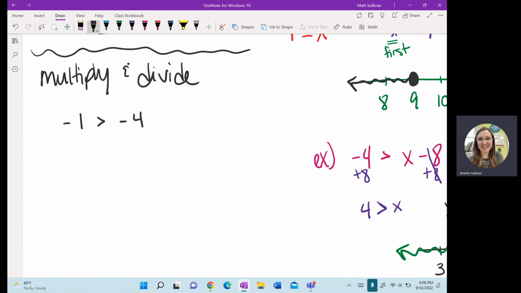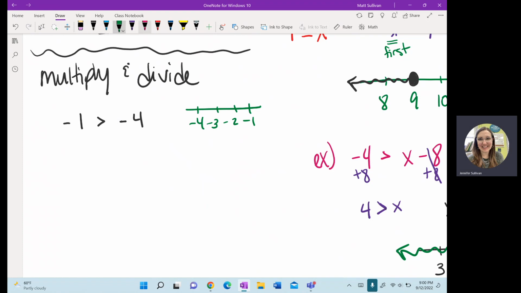Now, again, sometimes this can be confusing because a number 1 is smaller than 4, but on a number line, -4 is further to the left than my -1. So -4 is less than -1, or -1 is greater than -4. Okay, so this is a true statement. Let's talk about some multiplying.